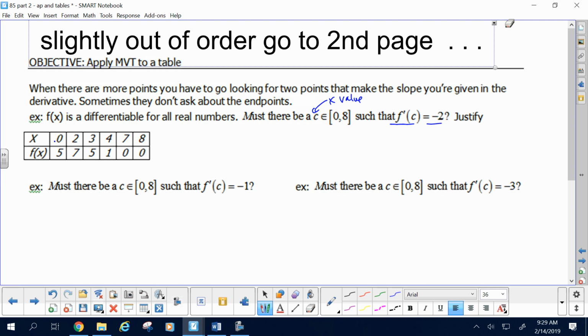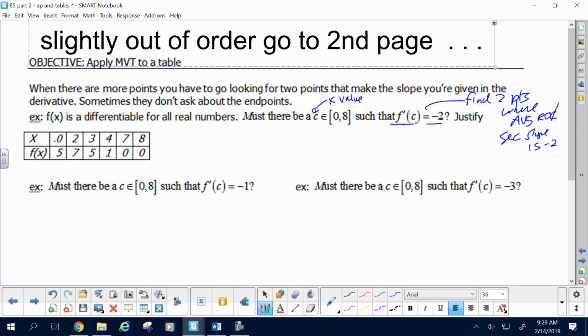Okay. So, the idea is this. We don't have an equation to work from, so it's hard to find the derivative or set the derivative equal to -2. The intention is that you try and find 2 points where the average rate of change or secant slope is -2.